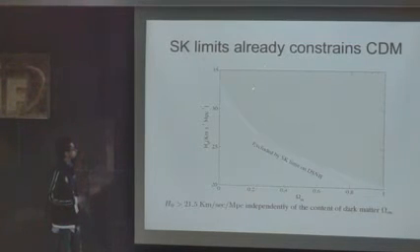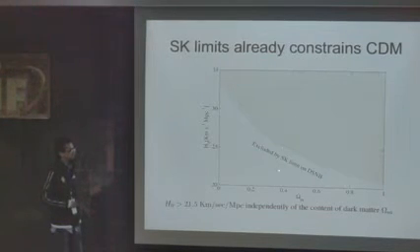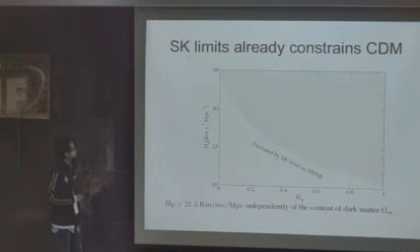Since Super-Kamiokande has not observed any antineutrino coming from this diffuse supernova background, what you are saying is that the value of H0 should be bigger than this line as a function of the dark matter content.